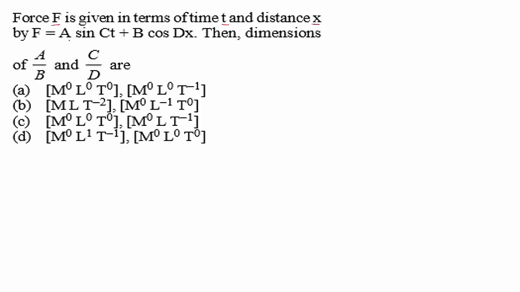You can observe the equation F equal to A sin ct plus B cos dx. Here, A sin ct and B cos dx, these two terms are equivalent to force, because the equation is F equal to.